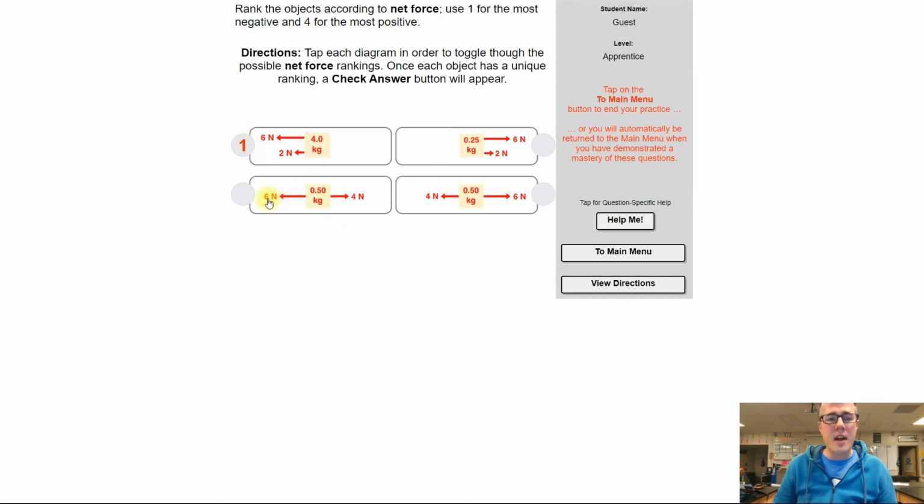The next one down here has 6 to the left and 4 to the right. That's a -2. So far, that's the next most negative. Then the bottom right, if I cancel the 4 with some of the 6, I'm left with a +2 to the right. That's a positive direction. So that's the next biggest one. And then the biggest out of the 4 is a +8. So that's going to get the biggest rating.